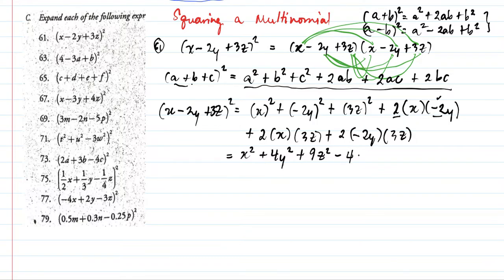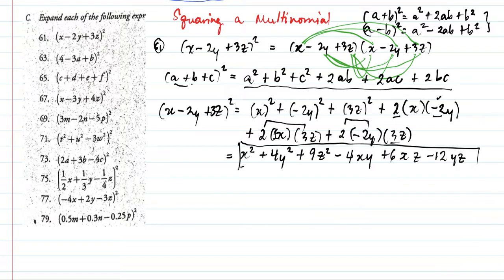Then do not forget the xy. And on this term, 2 and 3, because this x is just 1. So 2 times 3, that's 6. And then do not forget the variables, xz. And then finally, we have 2 times negative 2, so it's negative 4, times 3, that's negative 12yz. Okay, and you will find out you have nothing more to combine there. So that's your final answer.